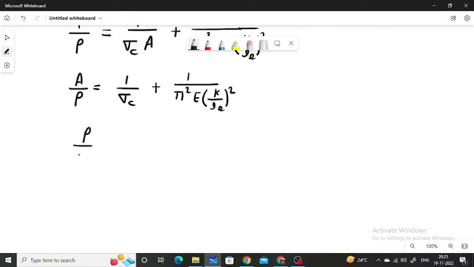P by A will be equal to sigma C upon 1 plus sigma C upon pi square E into Le by K whole square.